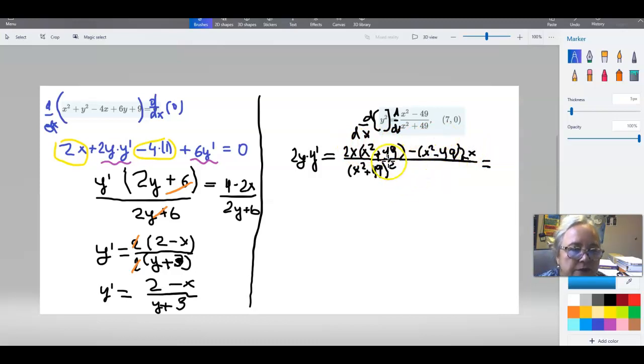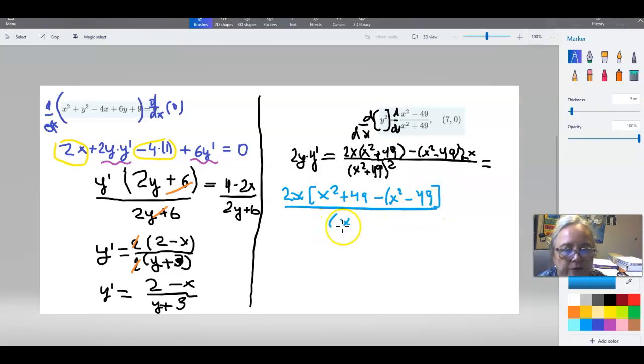On this side, I decided to factor out 2x and have something like this. So I take 2x outside, and then in parentheses, again, you don't have to do this. You can distribute and combine like terms, but I found that this will be easier for me to combine like terms. And the denominator remains the same, x squared plus 49, squared.